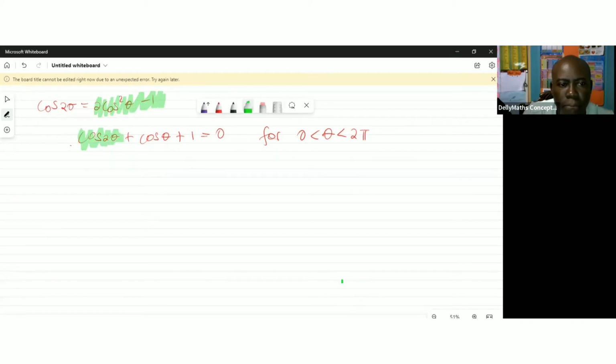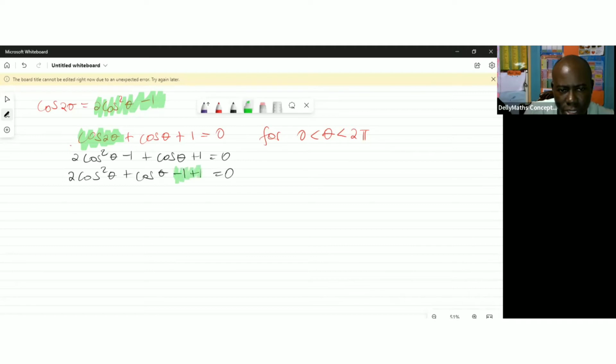So we write 2 cos square theta minus 1 plus cos theta plus 1 equals 0. From this, we can simplify by putting like terms together. The negative 1 with the positive 1 equals 0.